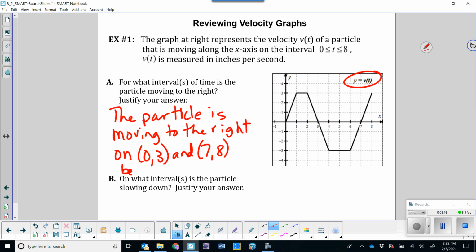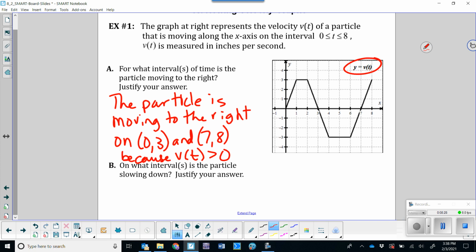And a very simple reason: because v of t is greater than 0. And remember, try not to write out paragraphs like because the velocity is positive, just v of t is greater than 0.